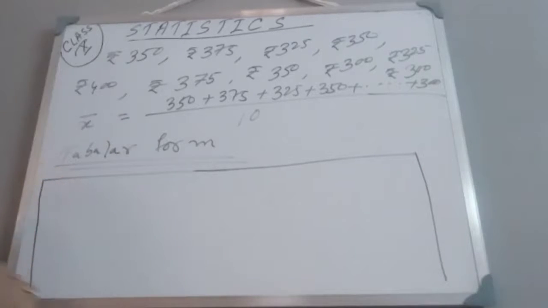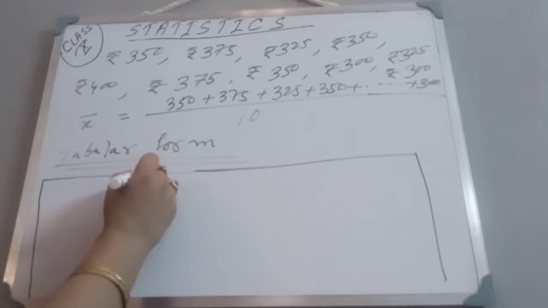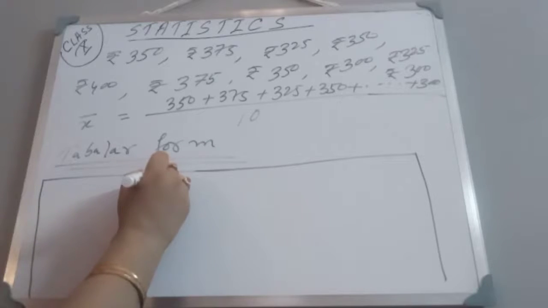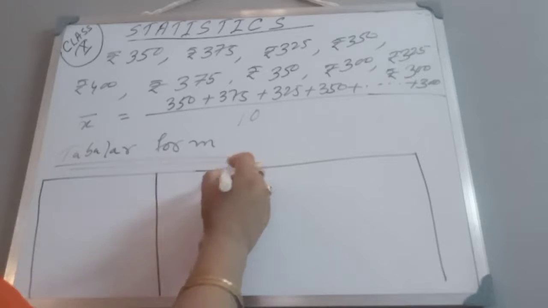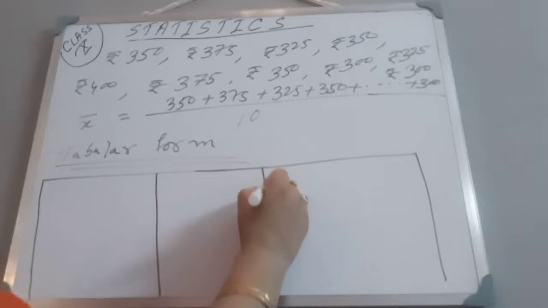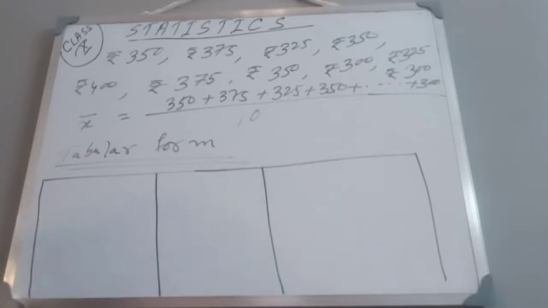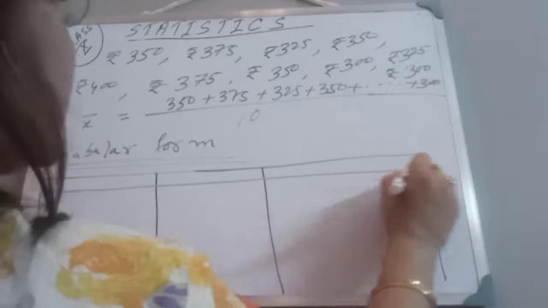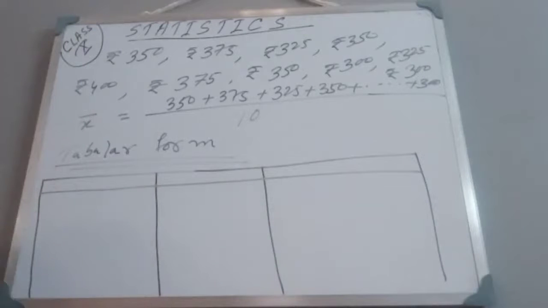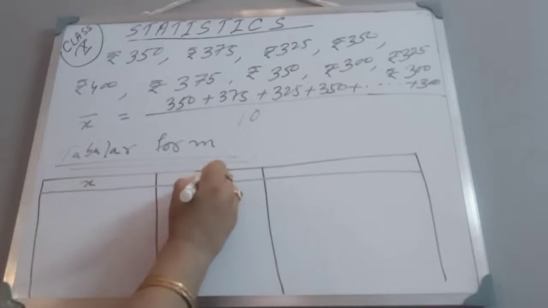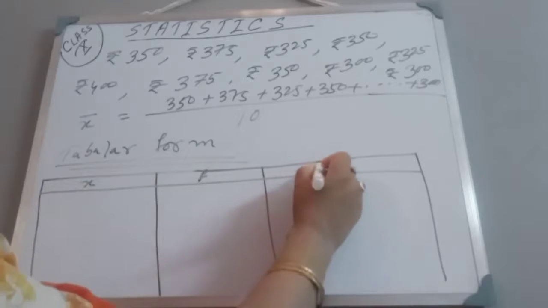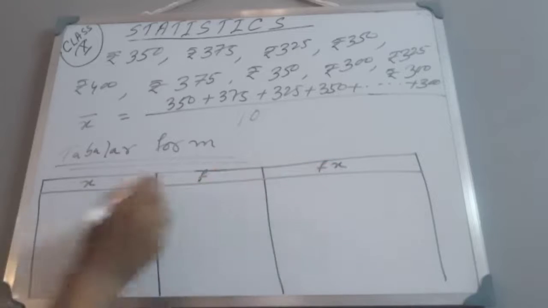This is the representation. Use the scale and pencil for this type of chart. So x, then f, then fx. 350 is for values, that means x. This is for frequency, f. Then this is fx, f into x.